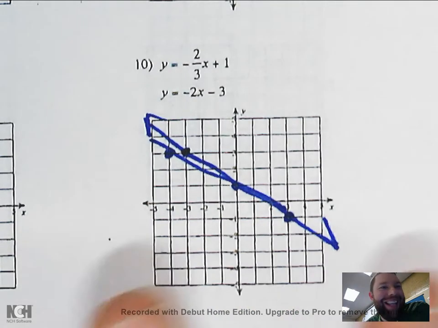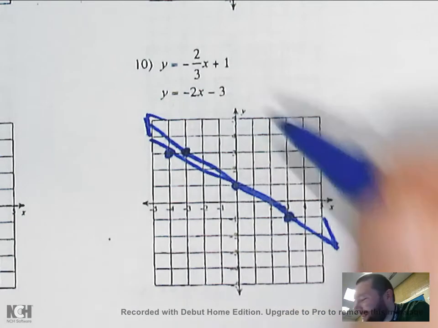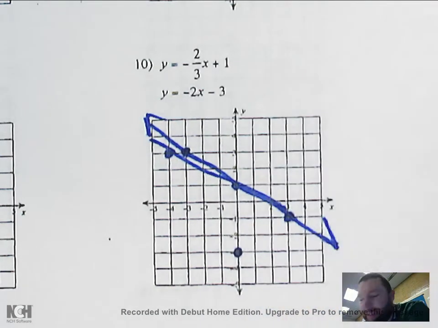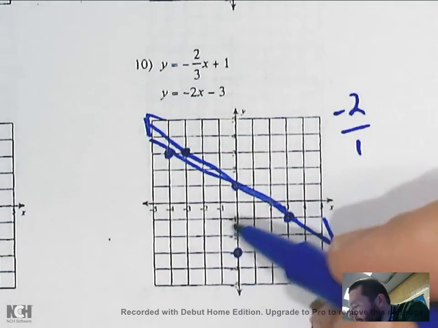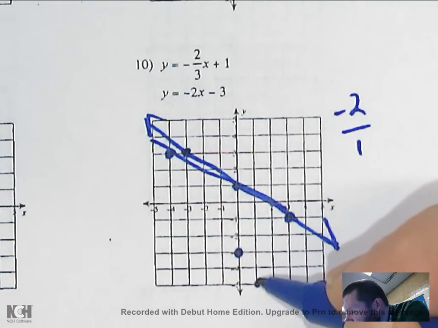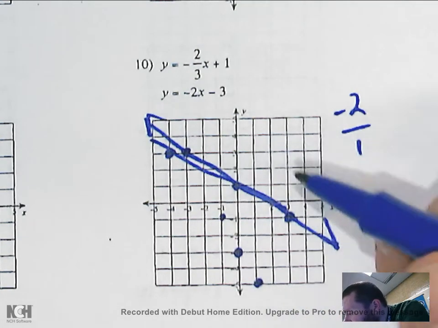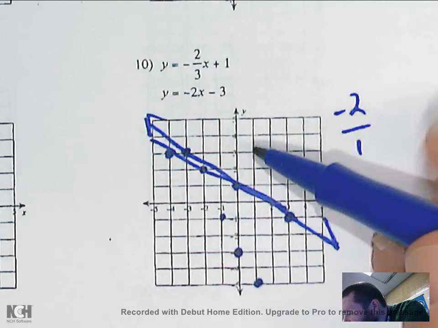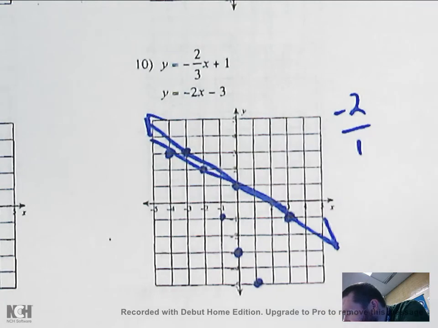Okay, and then the last example, or the last problem here, -3 is my y-intercept, and my slope is -2, or -2/1, right? So I could go down 2, right 1, or I could go up 2, left 1. And I can do that a couple of times. Up 2, left 1, up 2, left 1, up 2, left 1.